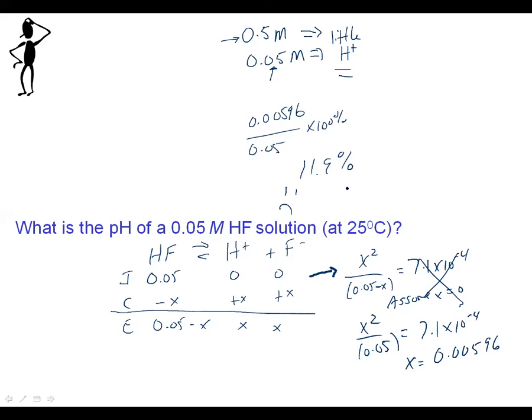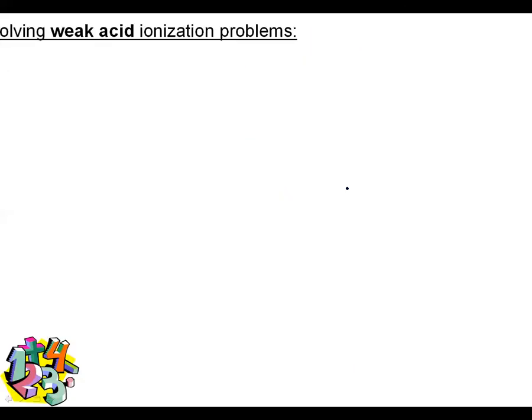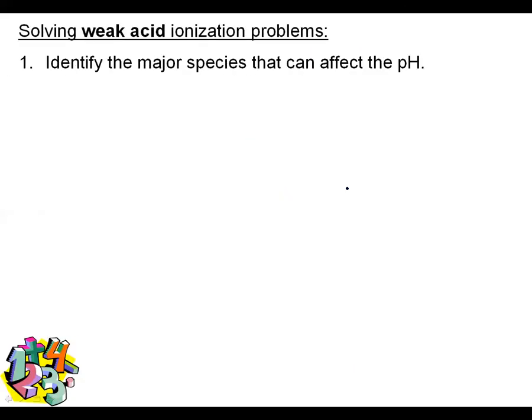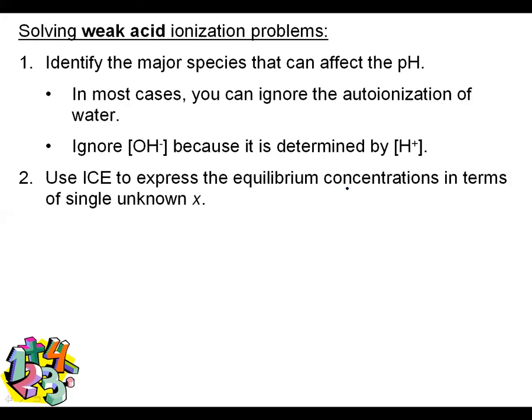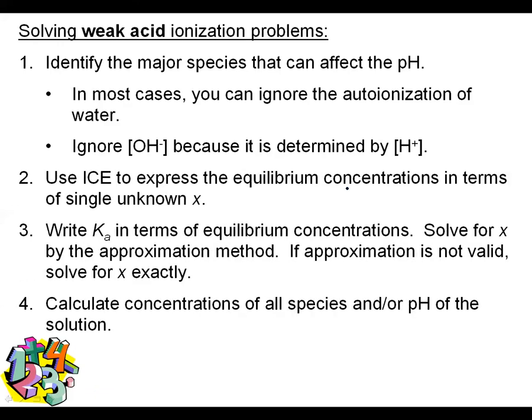All right. So when we do these problems, as we went through in our last example, we approach it the same way as a regular equilibrium process. We also ignore, in most cases, the contribution of water.